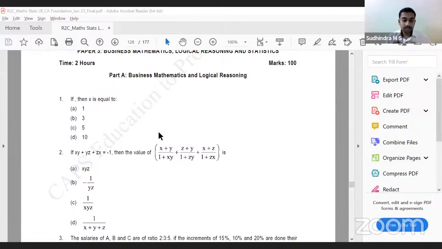Let others solve. Sir, if we take LCM, it is too long, no, sir. Correct. So we will not take LCM.